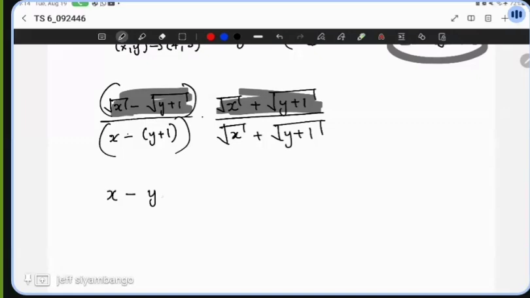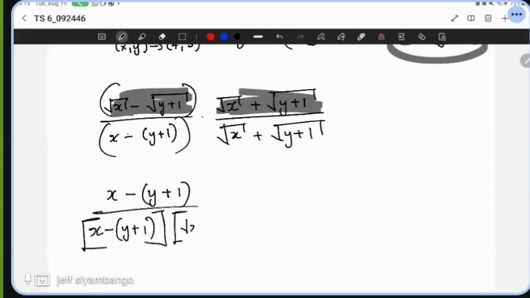In the denominator, very little is going to happen. We're still going to have x minus y plus 1, multiplying the root of x plus root of y plus 1. So this is what we have.